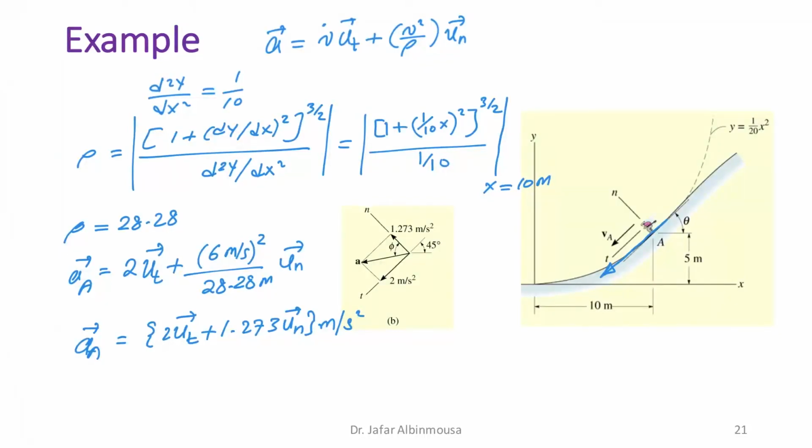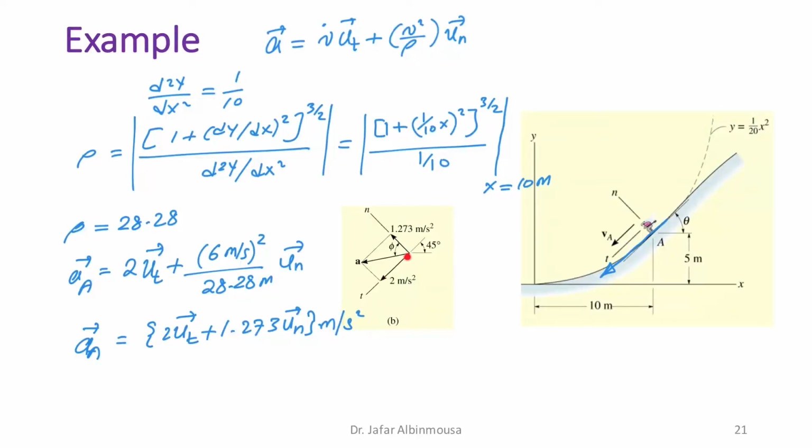Now, if we want to find the directions, we will do this in the next slide. But here, we can still find the direction of the components, because this 2 meters per second squared, which was given to us, which I said is tangent at point A, is already known.